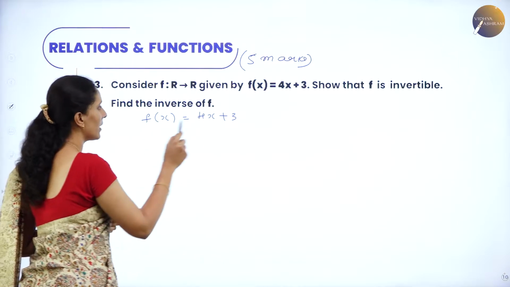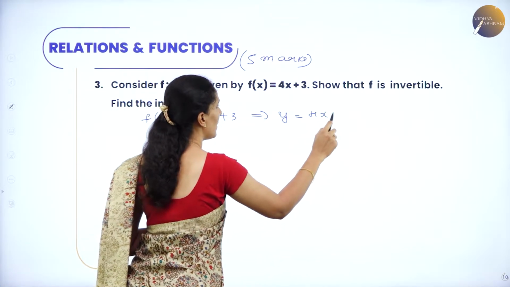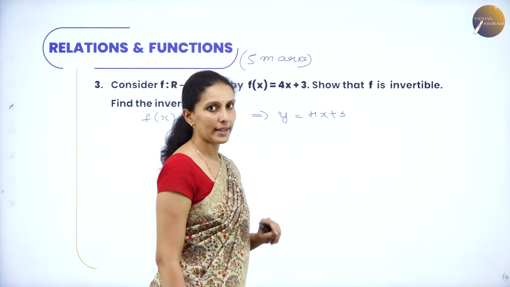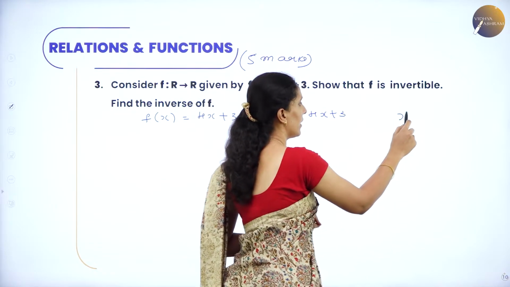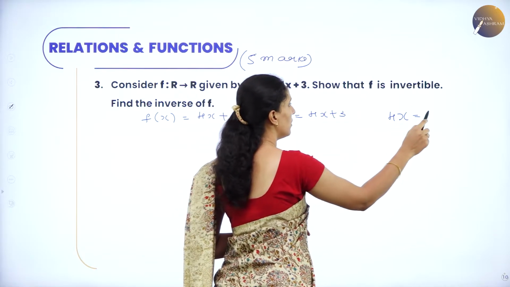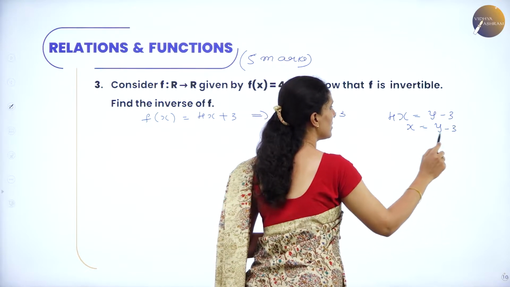So I can write y is equal to 4x plus 3. Then what is x? So 4x is equal to y minus 3, so x is equal to (y minus 3) by 4.